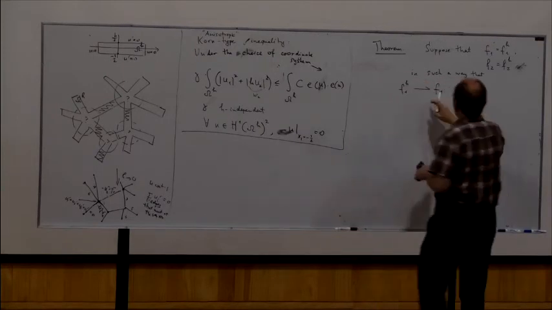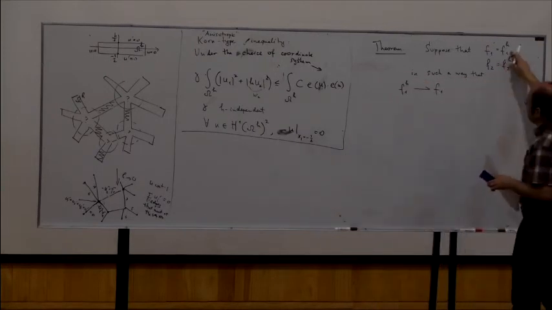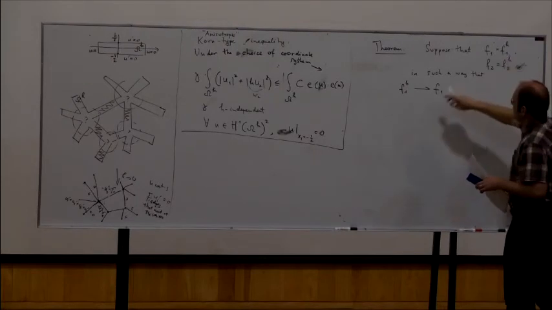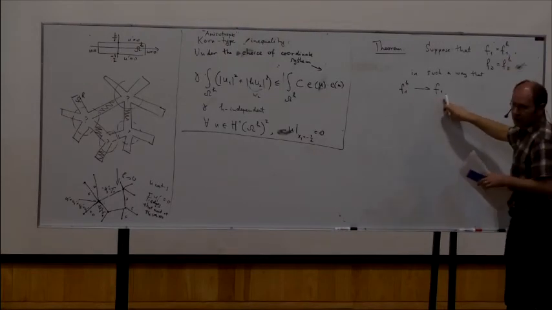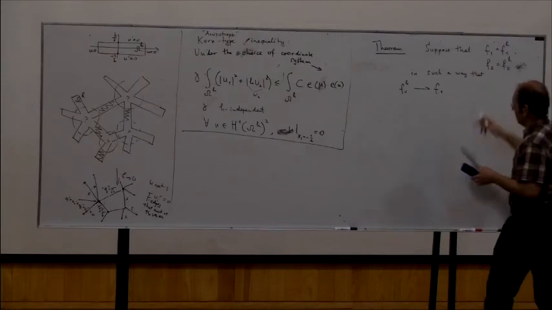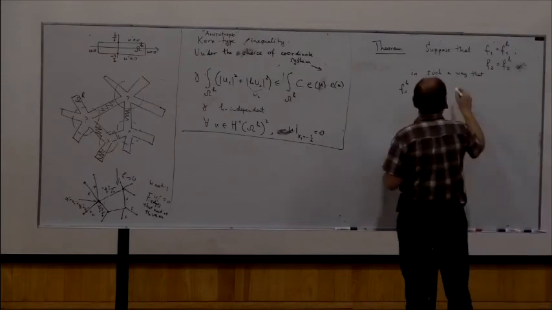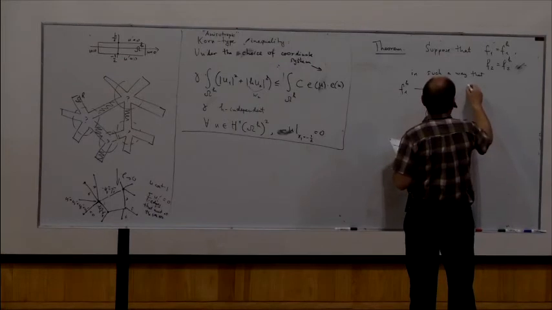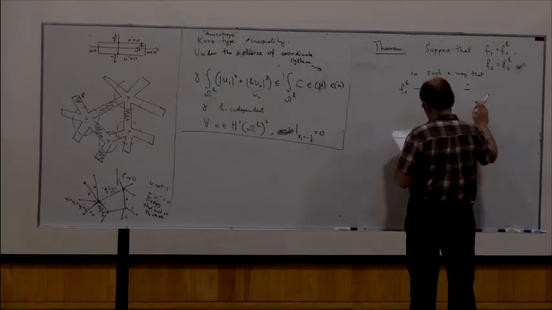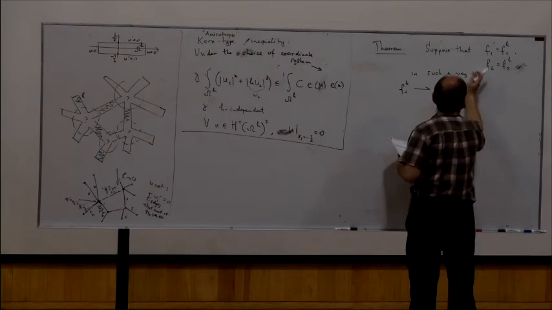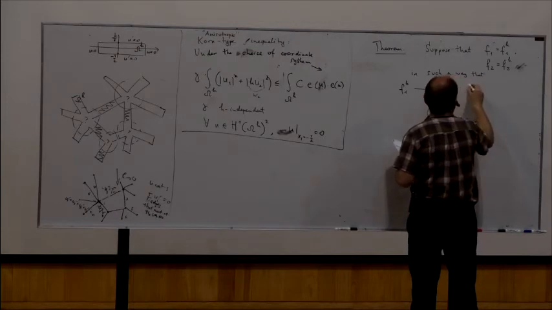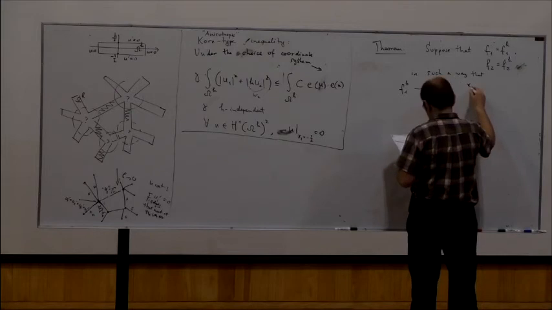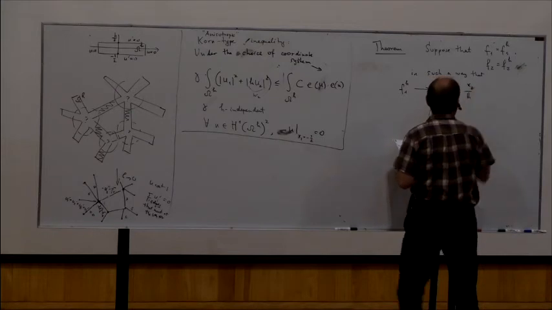So what it means is that if it doesn't depend on H, then this is trivially satisfied. This is just F1. Then the second component, sorry, the second variable.